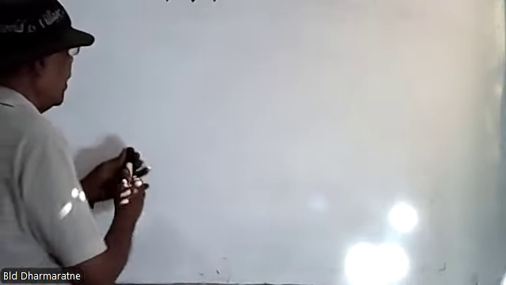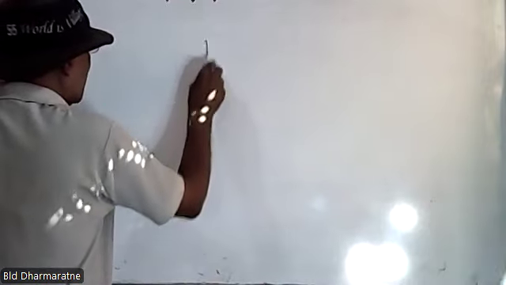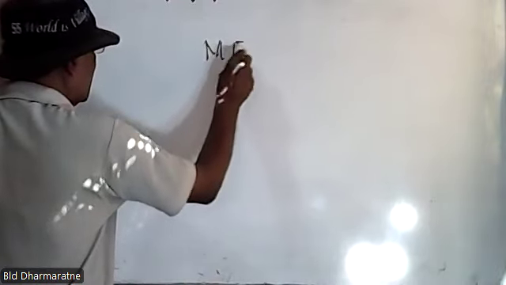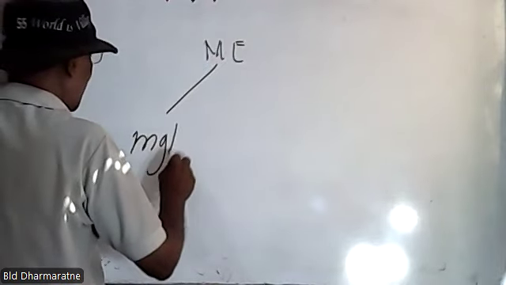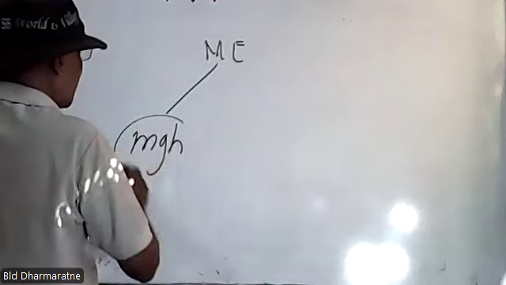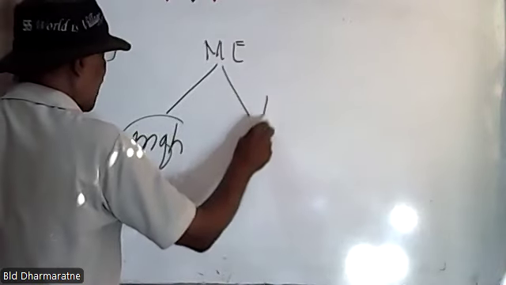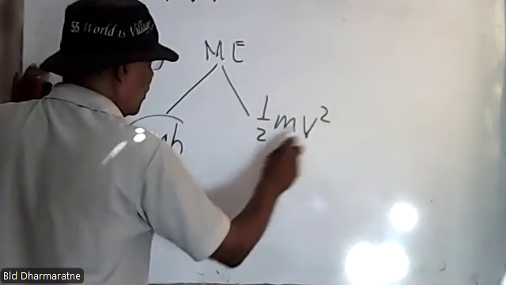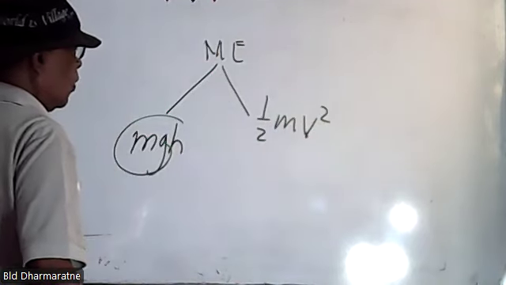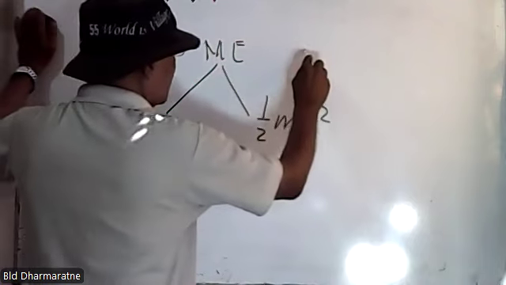One form of mechanical energy is mgh, the potential energy. The other one is half mv squared, for a body in motion.